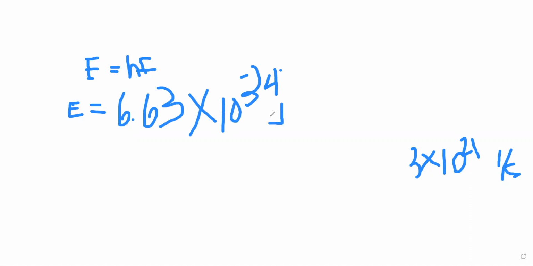Take note, the Planck's constant is joule times second. Close and open parentheses since it's multiplication.